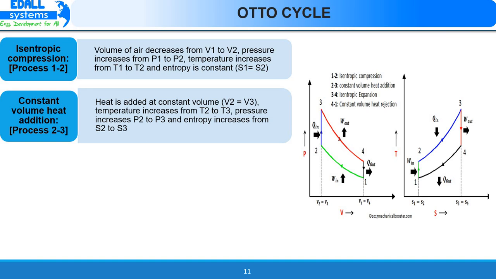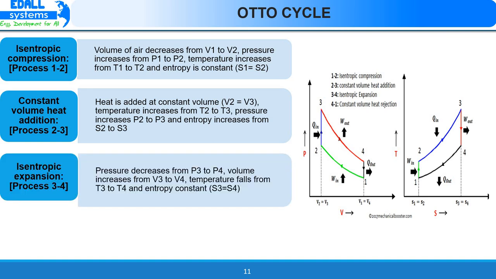Here at constant volume, that is V2 is equal to V3, heat is added which results in increasing entropy from S2 to S3 and temperature rise from T2 to T3 and pressure rise from P2 to P3. Process 3 to 4 is isentropic expansion.